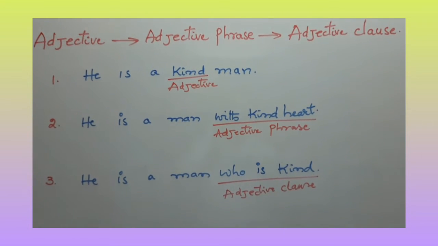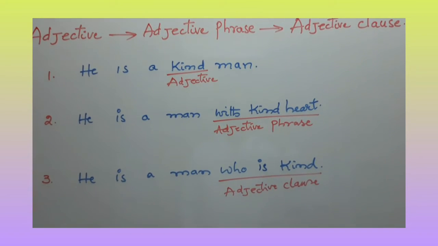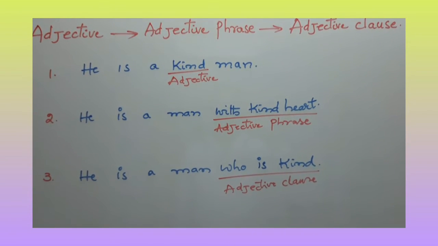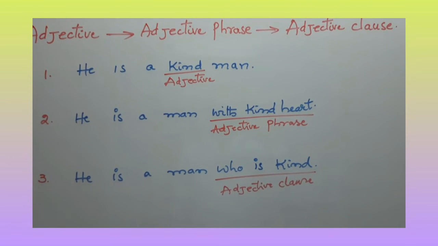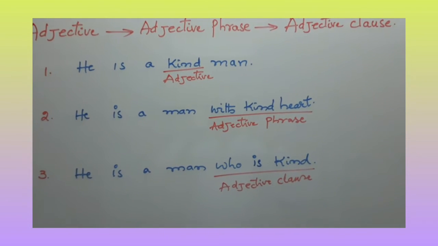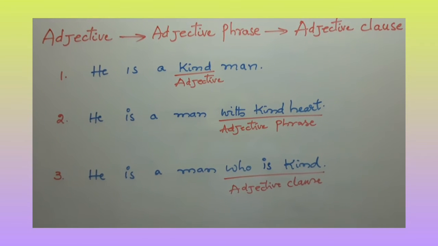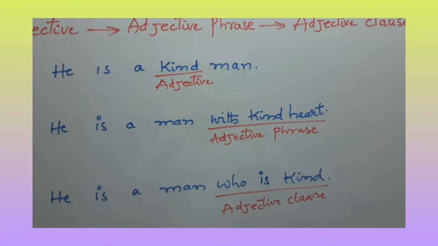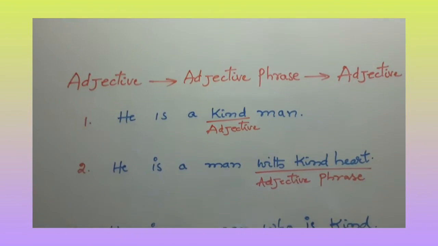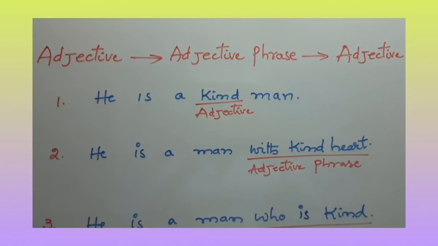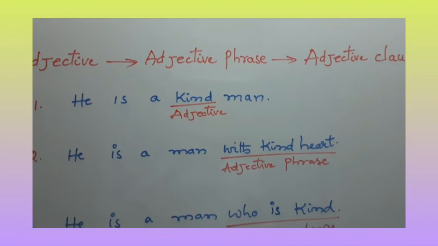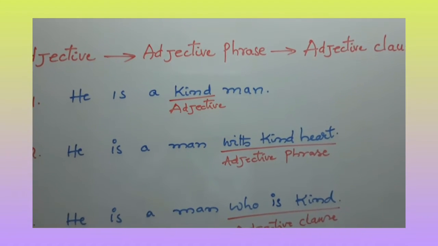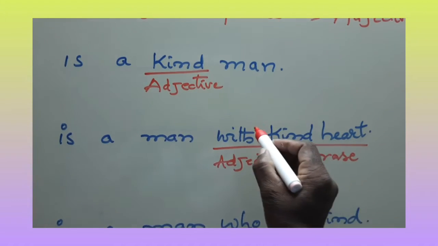It is understood here that a phrase can act as a part of speech, as a modifier. So he is a man with a kind heart. Here, with is a preposition. Most phrases associate with prepositions. We know that.